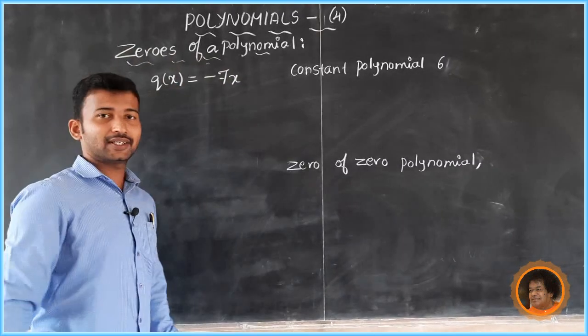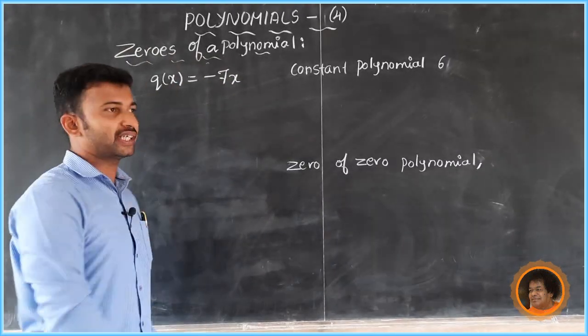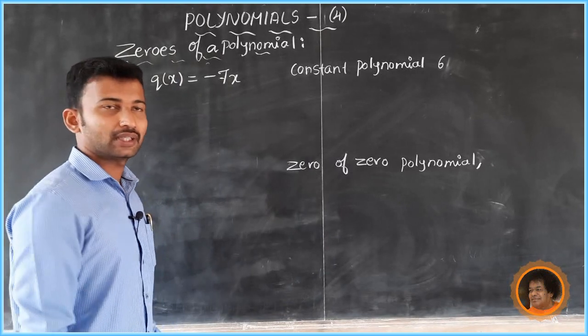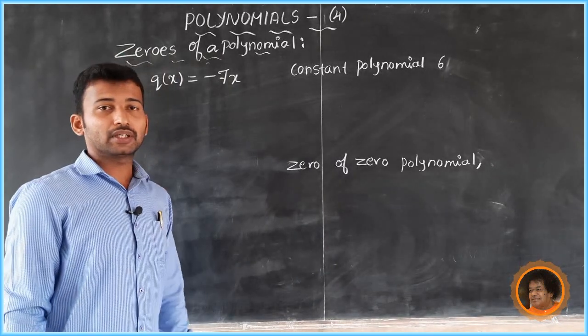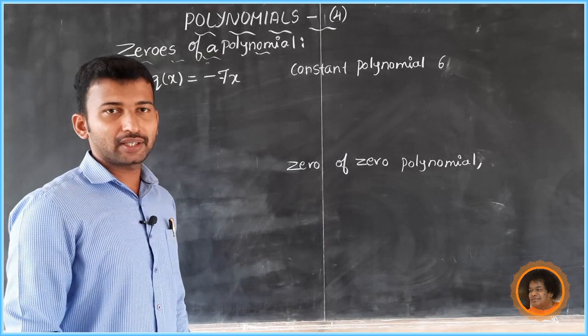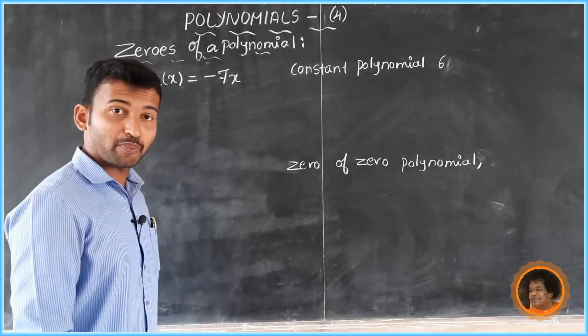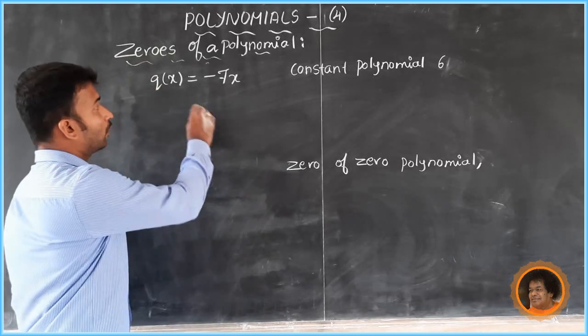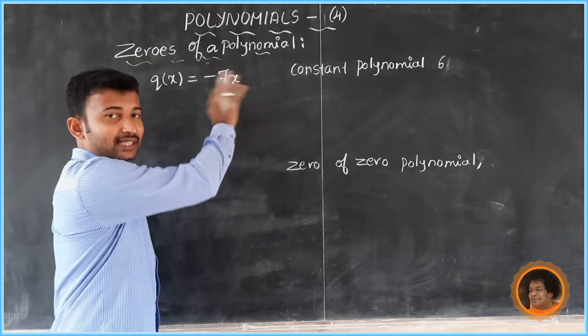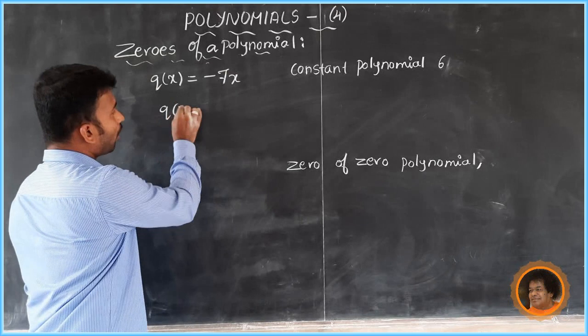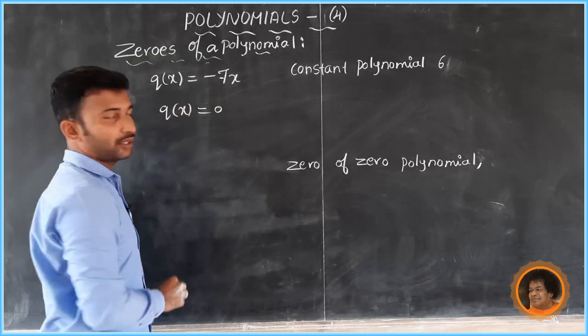Can you find the zero of this polynomial, minus 7x? Yes. What is zero? The zero of the polynomial is that value at which the polynomial becomes 0. So the value x such that q of x is equal to 0.